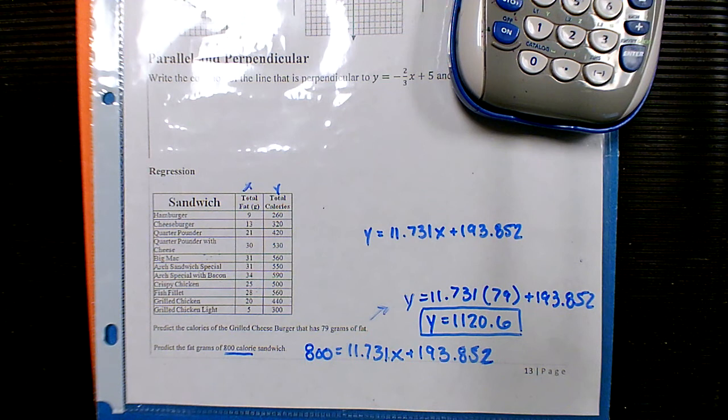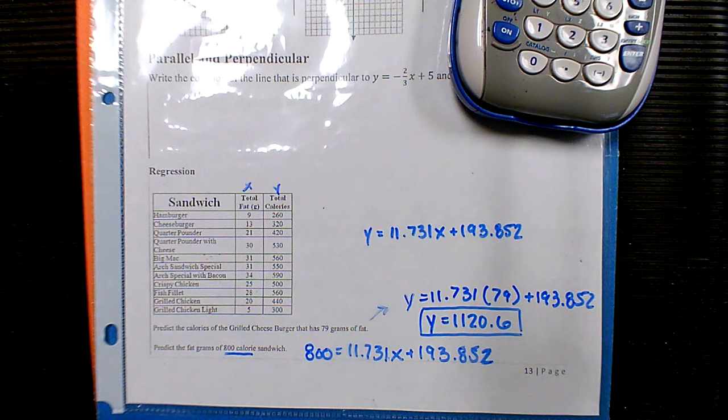All right, so now that we plugged in the calorie, our answer should represent a fat gram. How might you want to solve for x? You could do two different things. This one would be easily solvable using some algebra. Notice how there's only one variable in there, one x, so you could start moving some things to the other side.